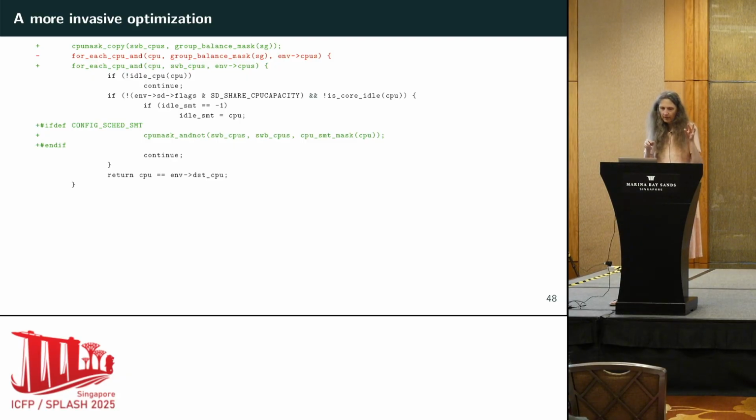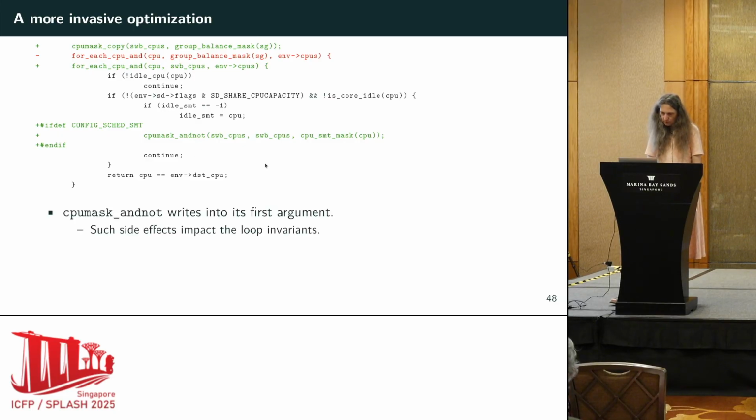So if 0 and 4 are hyperthreads of each other, when you're checking 0, you'll check 4, and when you check 4, you check 0. So that is repeated work. So the idea here is to add this CPU mask and not function, and this will remove things from the set of CPUs that you're considering, and then that will be more efficient.